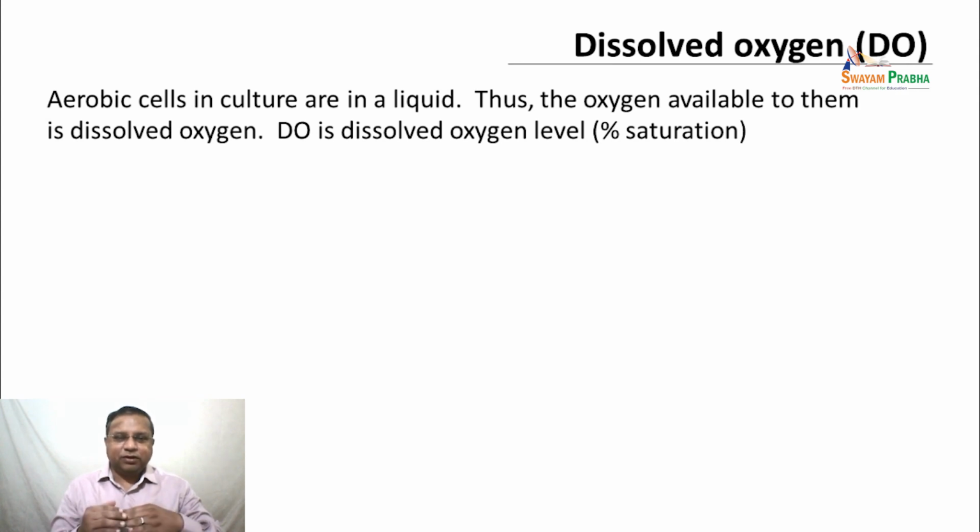This will happen till a certain equilibrium is achieved. Microscopically speaking, there is a rate at which oxygen molecules move from the gas phase to the liquid phase, and there is a rate at which the oxygen molecules move from the liquid phase to the gas phase.